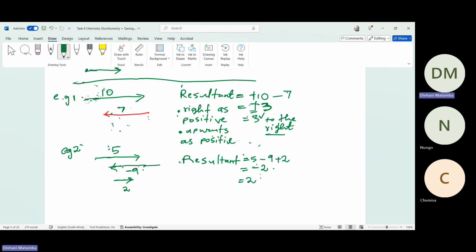What is the direction, Kumisa? Is it left as negative? Yes. Is it to the left or to the right? Left. To the left. Yes, that's correct.